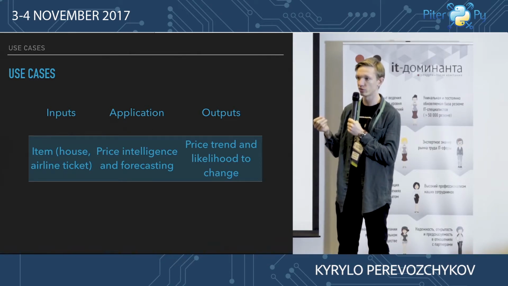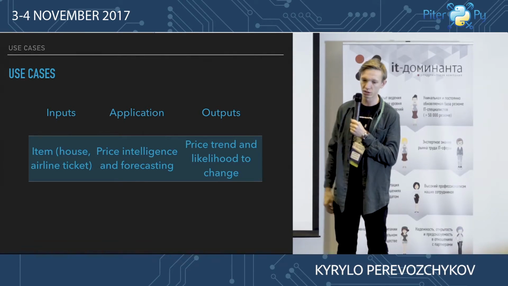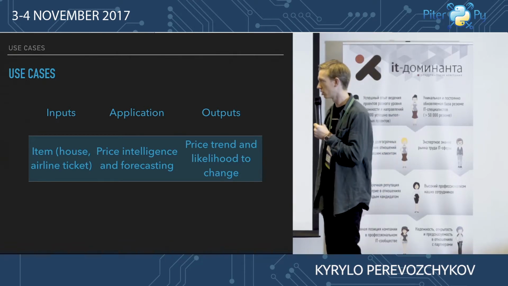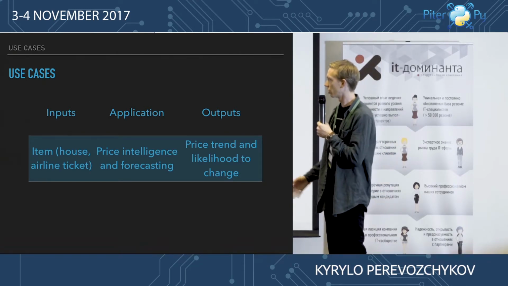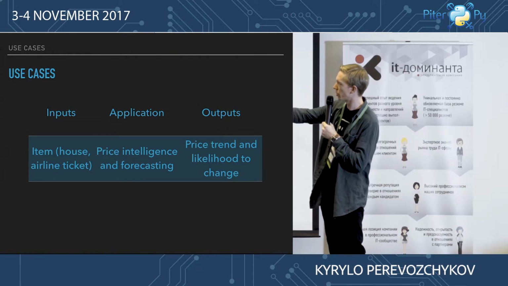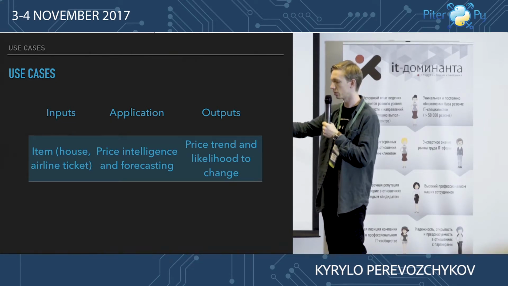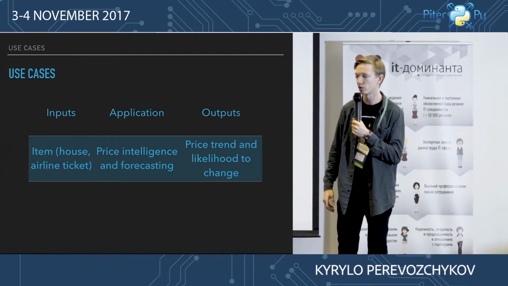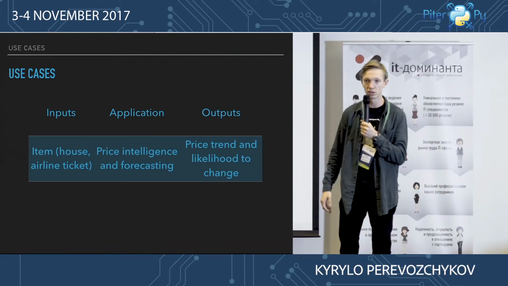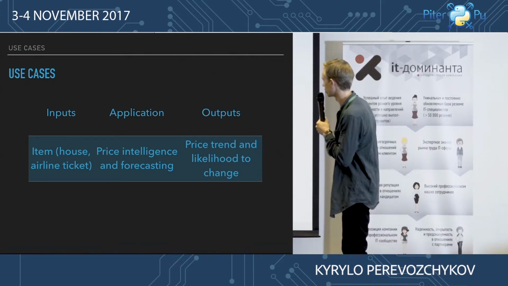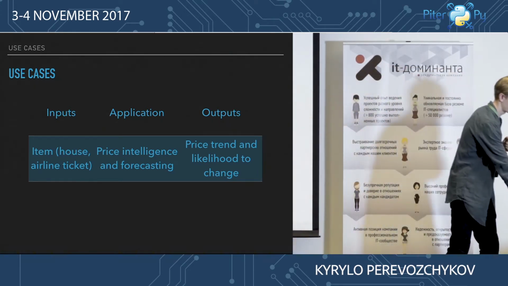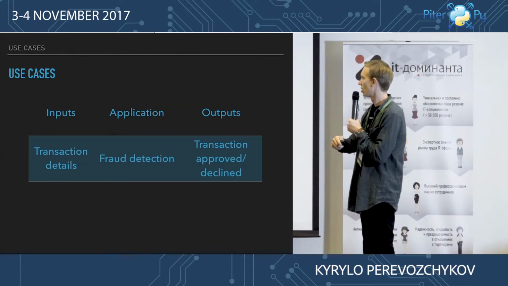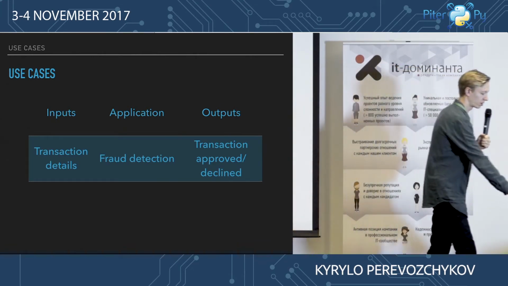Then if you are a real estate agency and you need to forecast something for a customer, how much it would cost to rent a flat. So the input here would be a certain item, that is to say, it could be housing, it could be air flight, and thus you can forecast the price or price changes. But price changes is something too sophisticated to talk about.